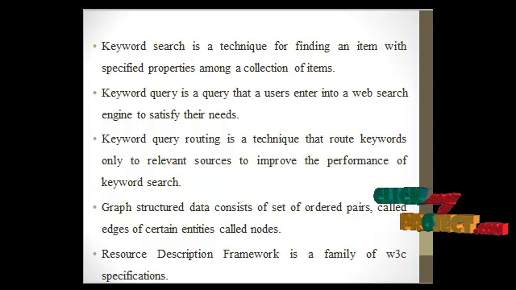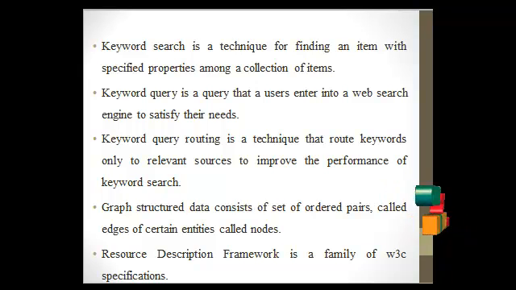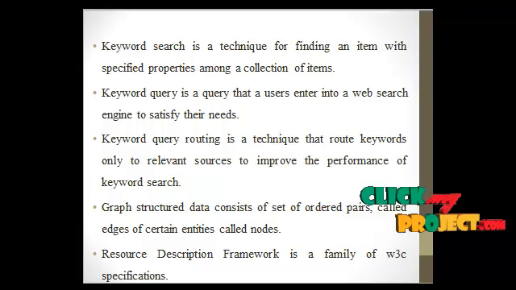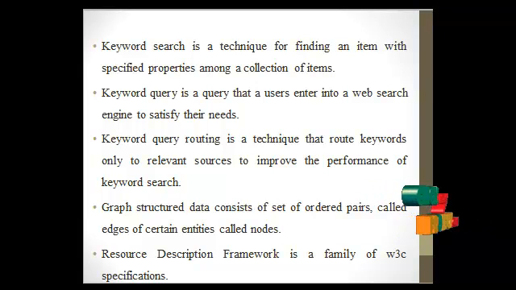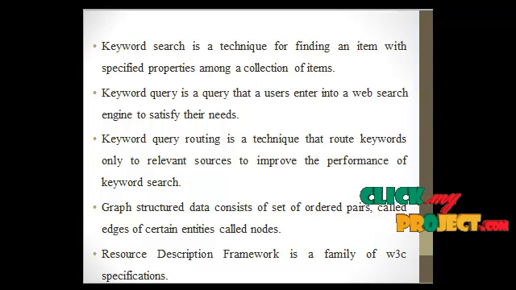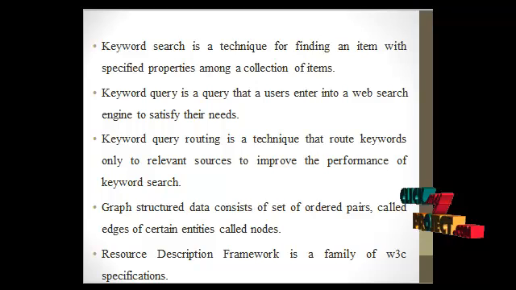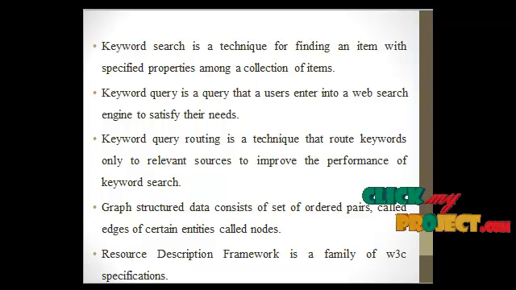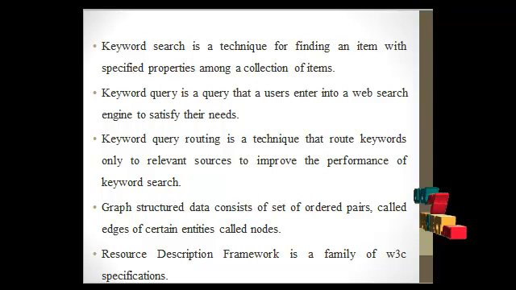We are using keyword query routing for keyword search over a large number of structured and linked data sources. Routing keywords only to relevant sources can reduce the high cost of searching for structured results that span multiple sources. To the best of our knowledge, the work presented in this paper represents the first attempt to address this problem.